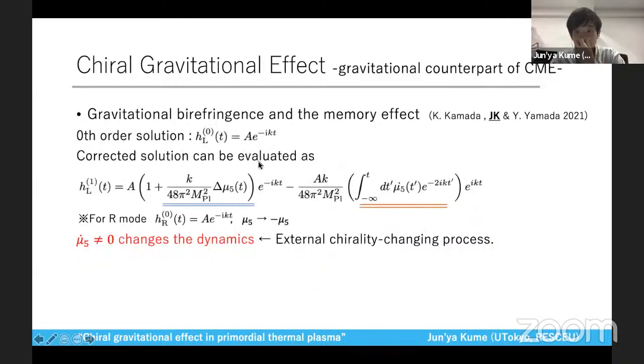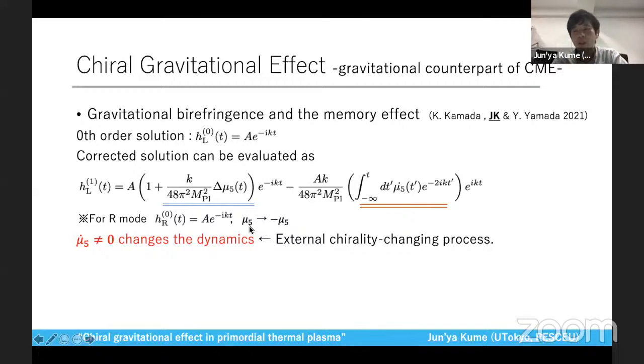So taking this plane wave as a zero-source solution, we can evaluate the anomaly-corrected solution like this. As you can see, a non-zero mu5 dot is important in this case.